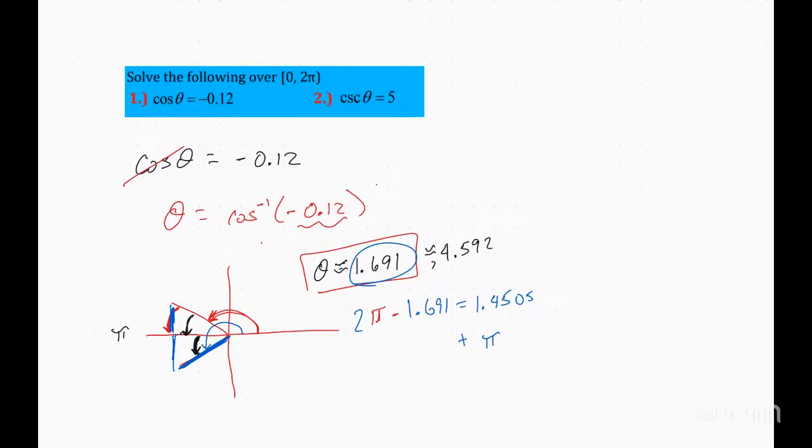Cosine of 4.5921 is negative 0.119999. Yeah, basically negative 0.12. So really it was just the same as 2 pi minus that.